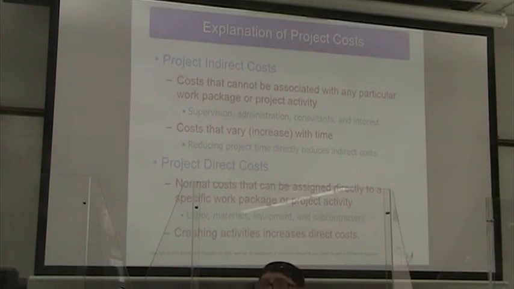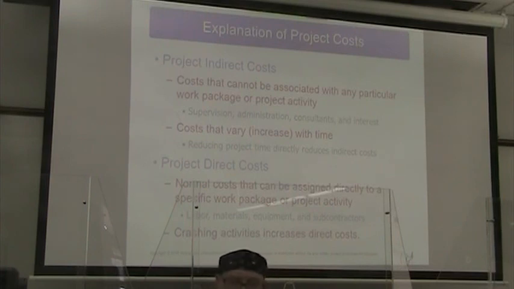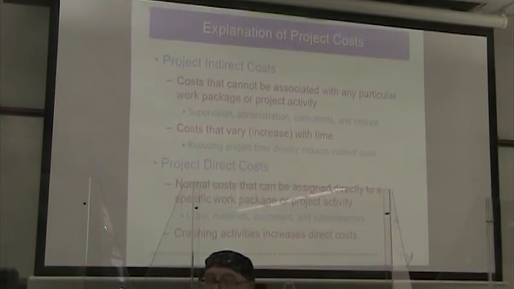I mean, there's a point at which everyone's just going to be tripping over everyone else. But a lot of times, adding some people may help. So when we crash or shorten the duration of these activities, it is going to increase our direct costs.